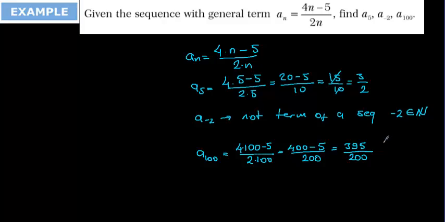When you divide by 5, this is 80 minus 1, which is 79, over 200 divided by 5, which is 40. So 79 over 40 is going to be.